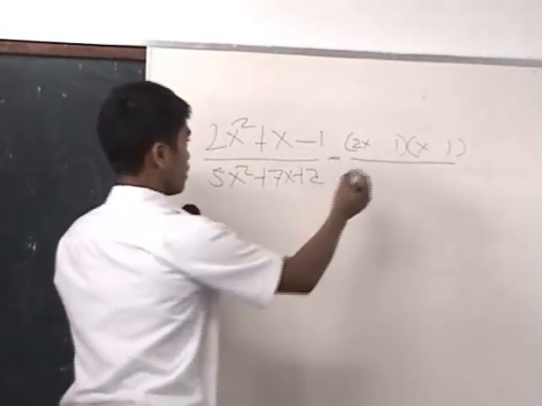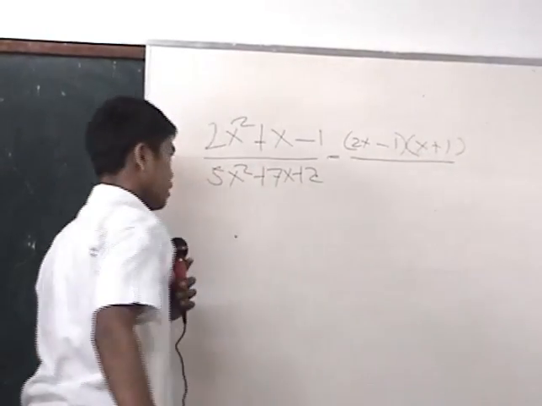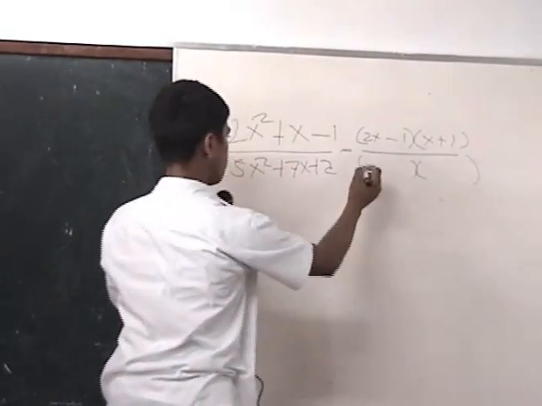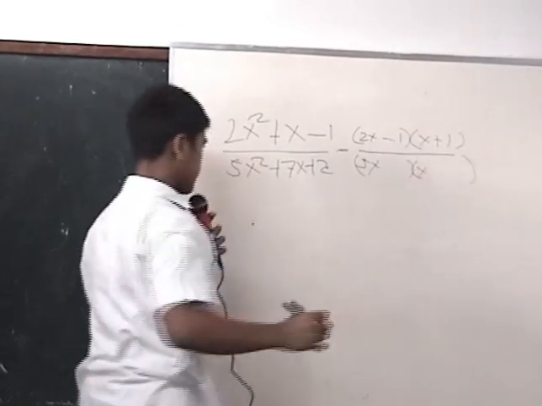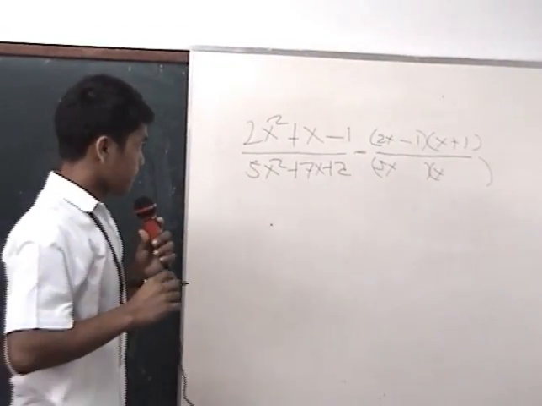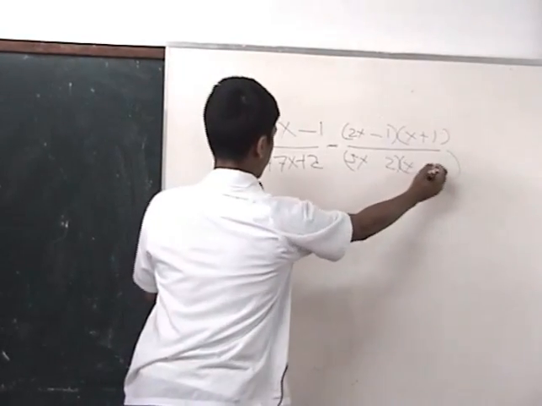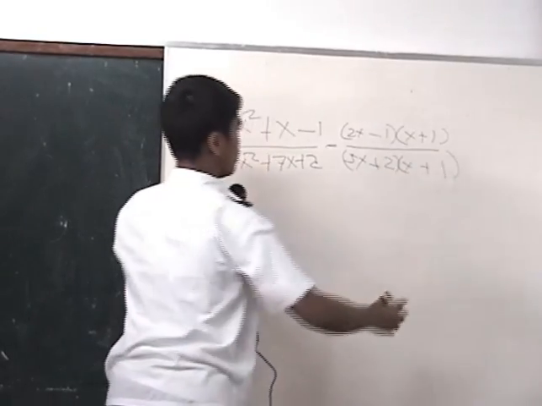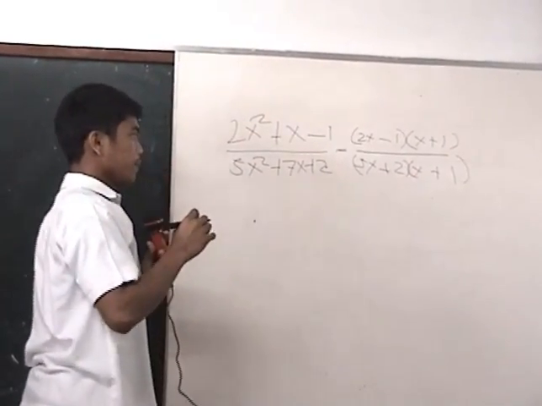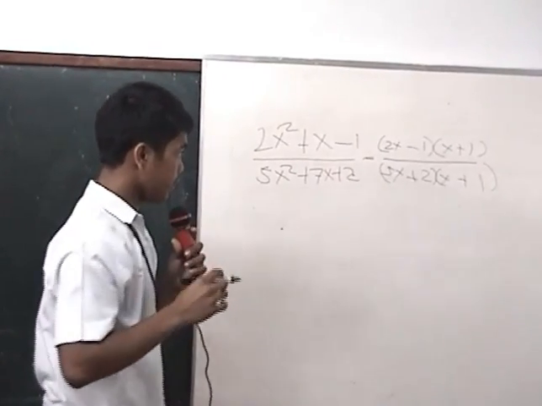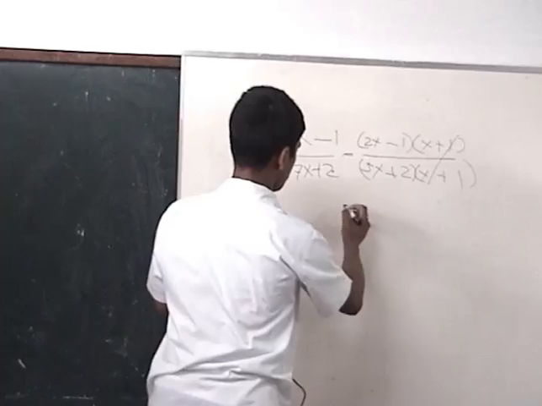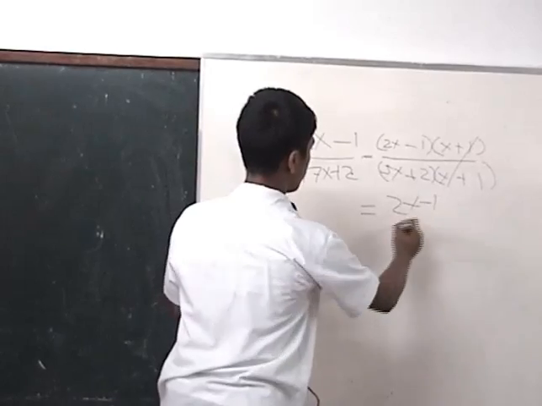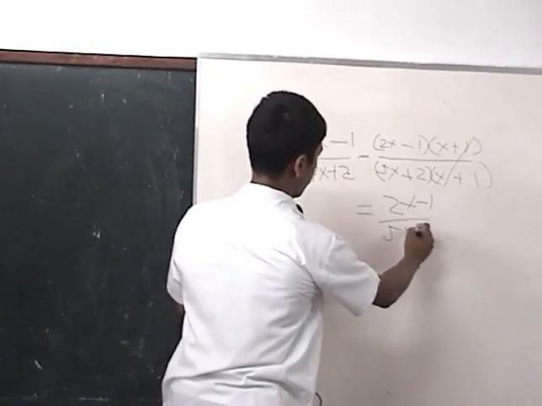Use the sign negative here and positive here. Then the denominator, use 5x and x. Then the factors of the last term are 2 and 1. Use positive because all is positive. Then the same factor from the numerator and denominator, we cancel it out. Then the final answer is 2x minus 1 over 5x plus 2.